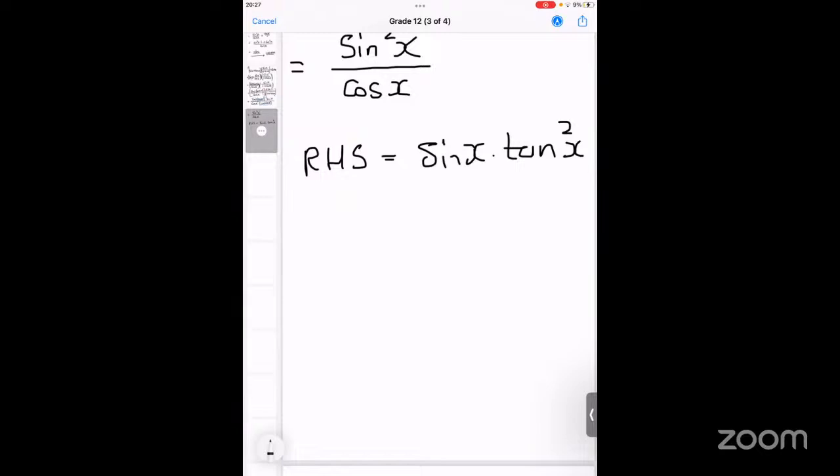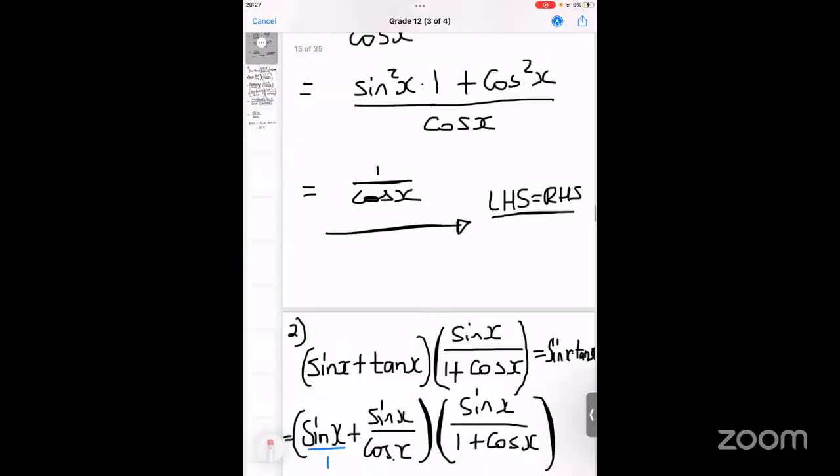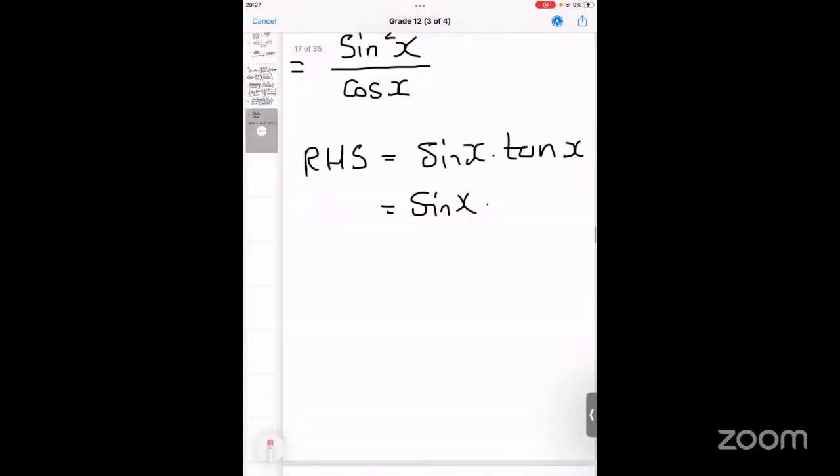Okay, so now the right-hand side, let's see. We have sine of that, which is, no, I see, this thing is not squared, there's just tan. Did I say square on the original? No, sorry, I didn't say squared. Now it's clear.